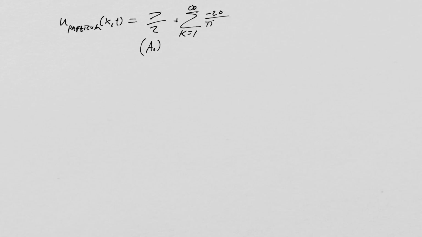So to put this all together, we can write now that u particular of x comma t is equal to 7/2, that's that a naught term, plus the sum of k going from 1 up to infinity of -20 over pi squared times (2k minus 1) quantity squared, times e to the -3 (2k minus 1) times pi over 5 quantity squared times t, times cosine of (2k minus 1) times pi over 5 times x, like that.